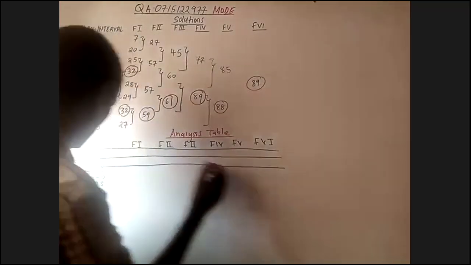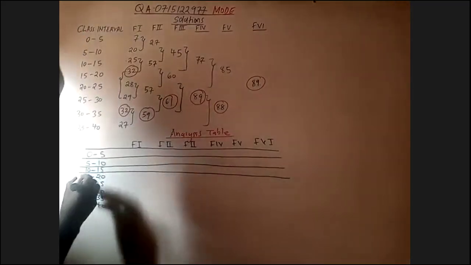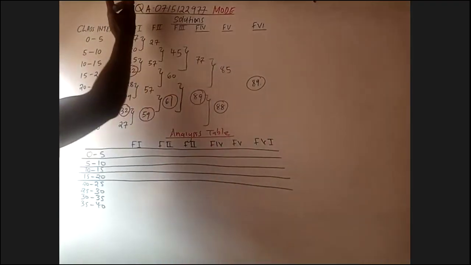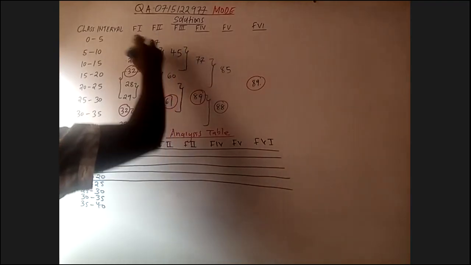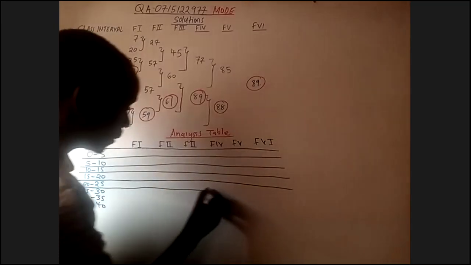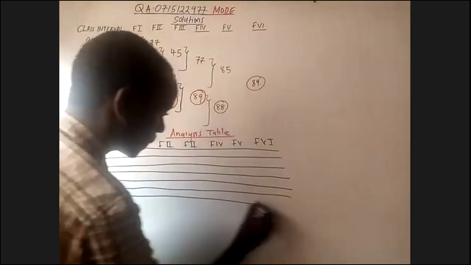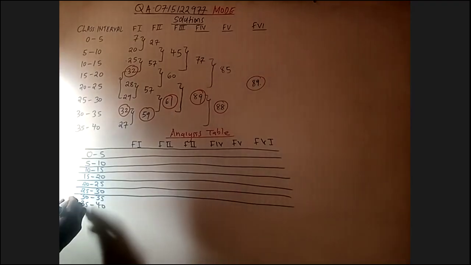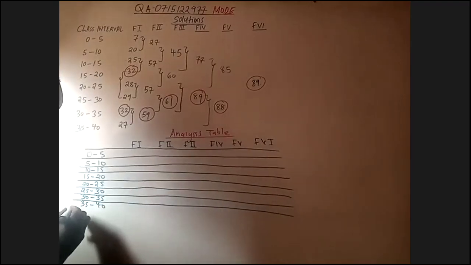But remember, the formatting is the same. The first one remains as it is; there you look at the first two, and here the first two, but you add ignoring the first frequency, and so on as you move on. And this is the table we want to use.